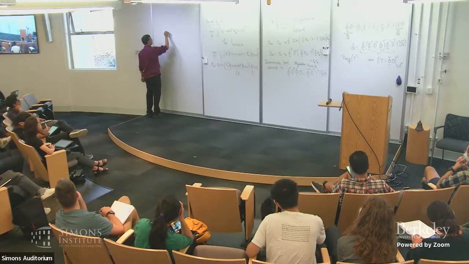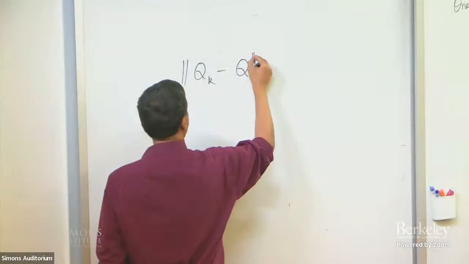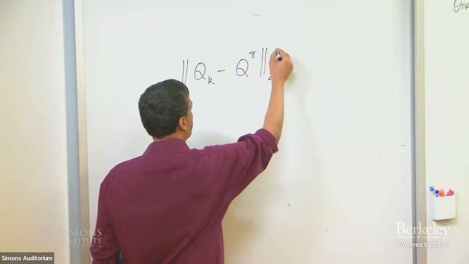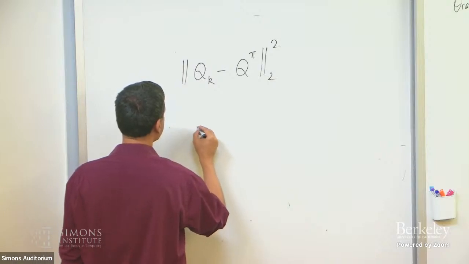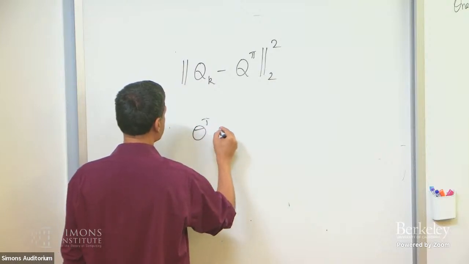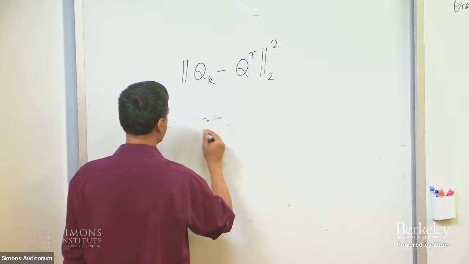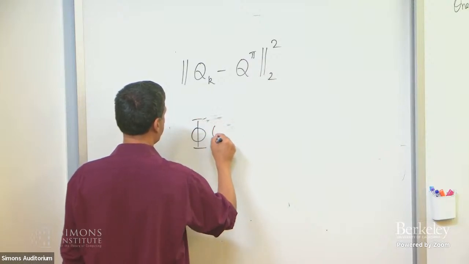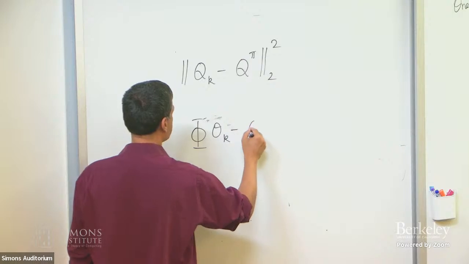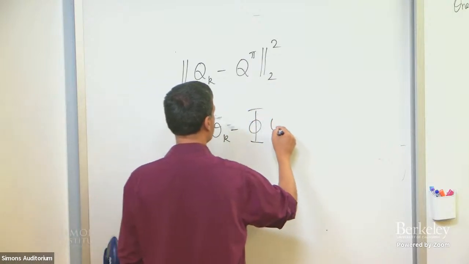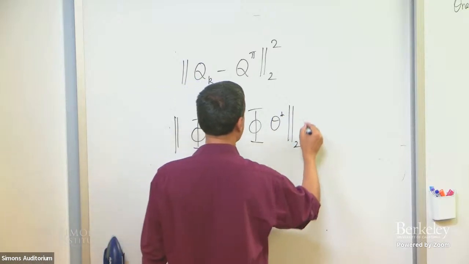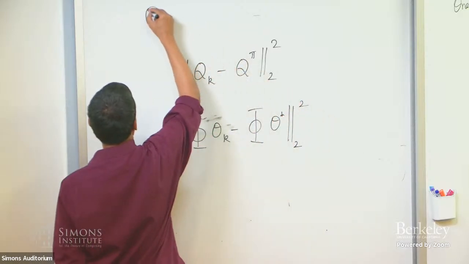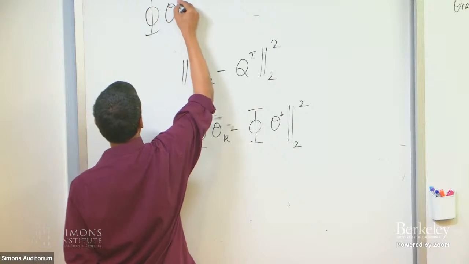So this morning we were trying to get this type of an error, right? Now basically I'm trying to get an error of this form, theta minus theta star, where phi theta star is the solution to this fixed point equation.